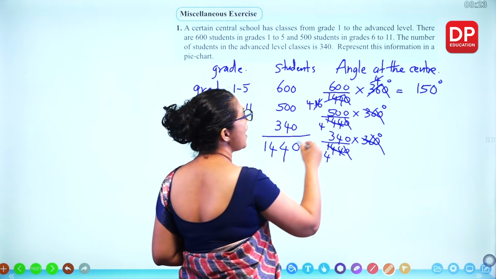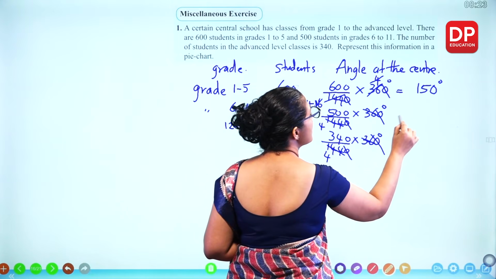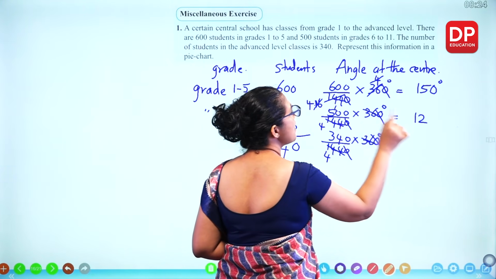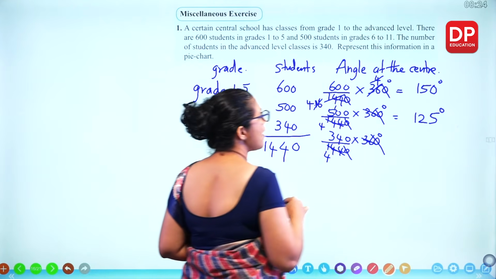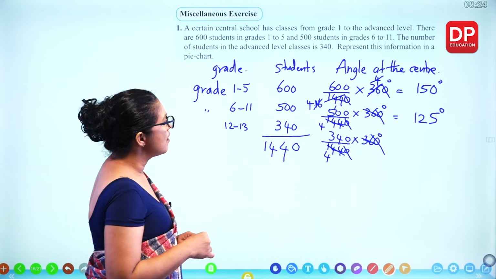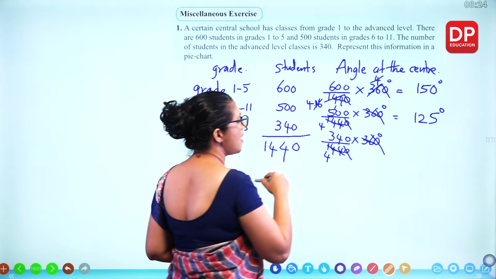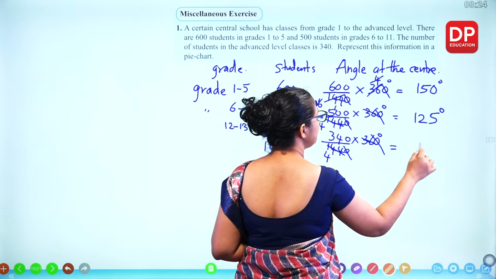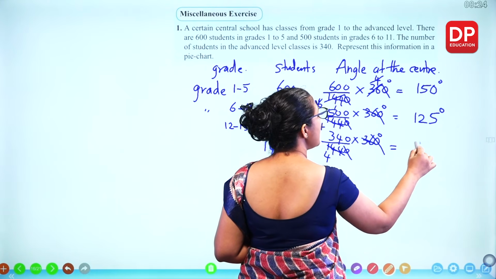What about this one? 500 divided by 4. 5 times 1, 5. For 10, that's 2. For 20, that's 5. 125 degrees for grade 6 to 11. So what's the next one? For A-level classes, 340 divided by 4. That means 3 times 4 times 8, 32.